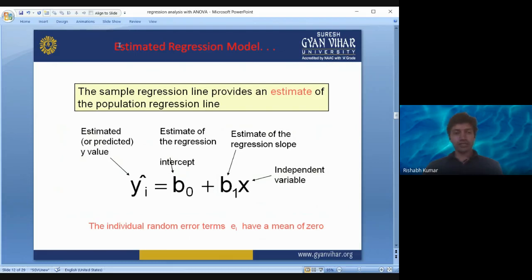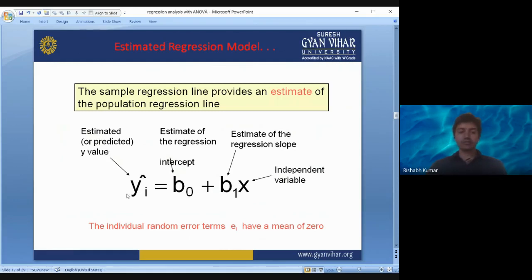So let us see the estimated regression model. The sample regression line provides an estimate of the population regression line. So this will be your equation. If you remember, this is the equation of a linear straight line, right? y cap equal to b naught plus b1 x.